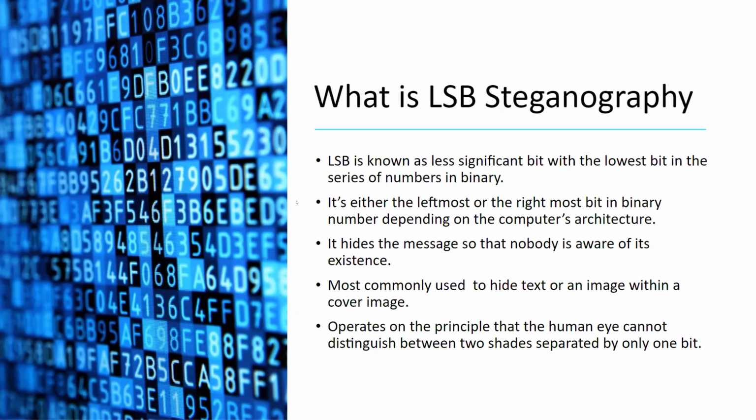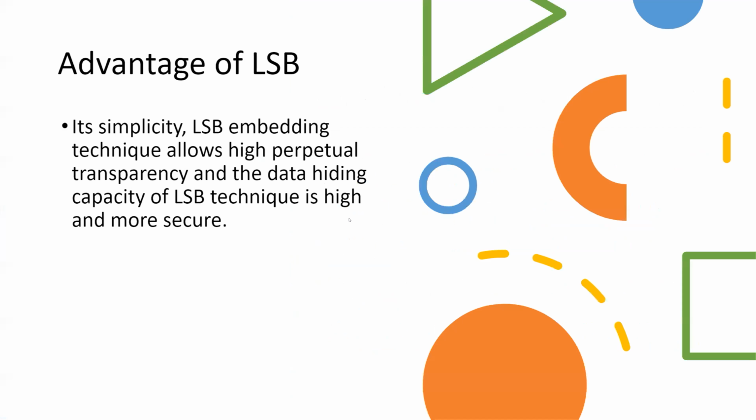It also operates on the principle that the human eye cannot distinguish between 2 shades separated by only 1 bit. So one of the most important advantages of LSB is its simplicity. It allows high perceptual transparency, and the data hiding capacity of the LSB technique is high and more secure.